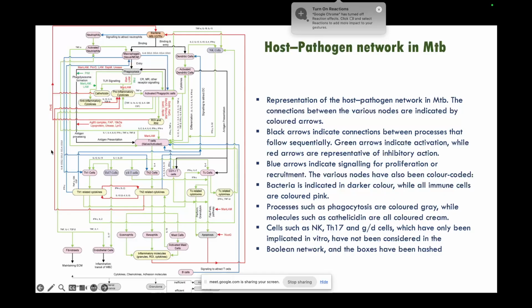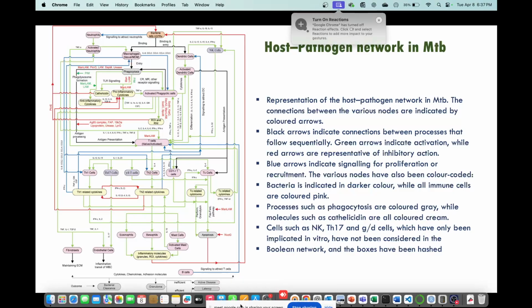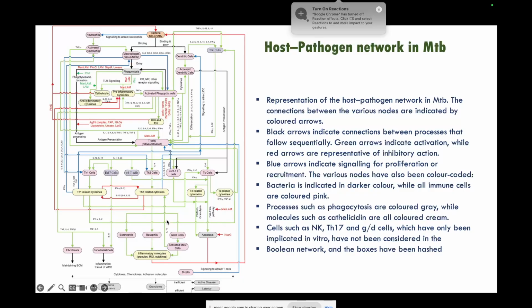So these are your bacterial elements. Basically, this is the whole network, and here is the bacteria.